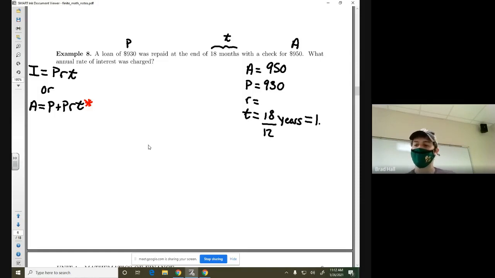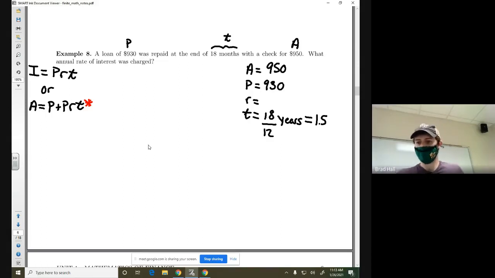I believe this is 1.5. I like to use the decimal. Decimals are a little bit more familiar with people than fractions, but if you're comfortable with the fraction, you're more than welcome to use it on your own. So 18 months divided by 12 months in a year tells us that 18 months is 1.5 years.